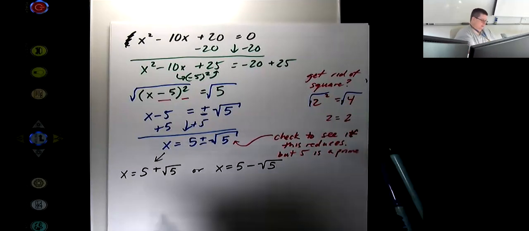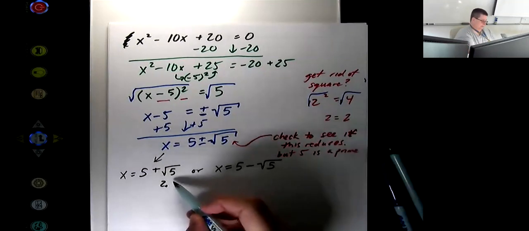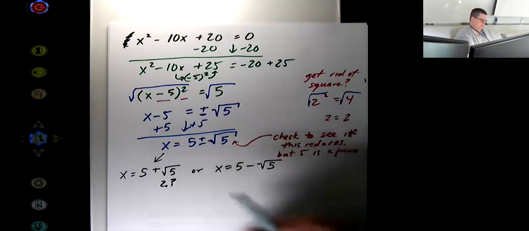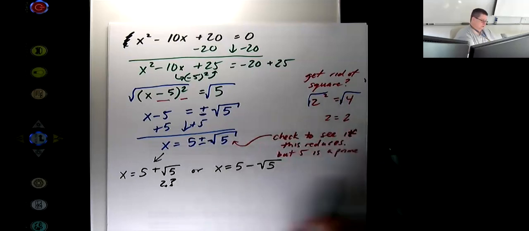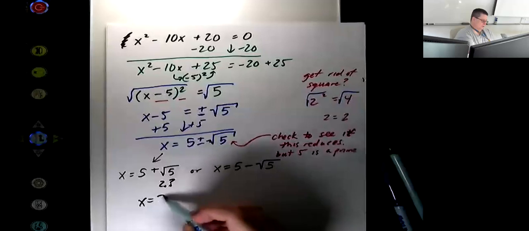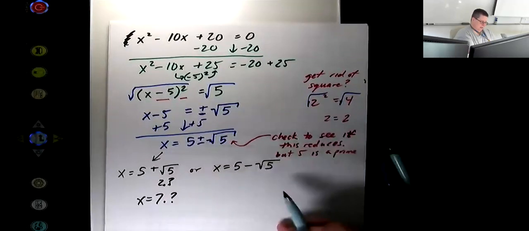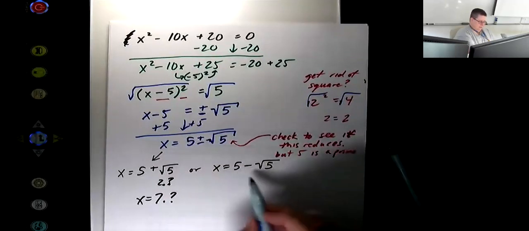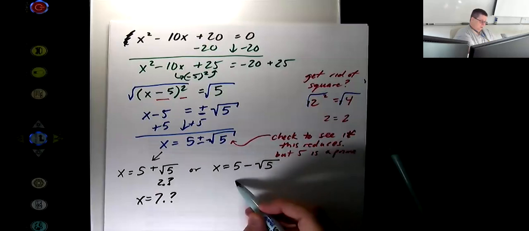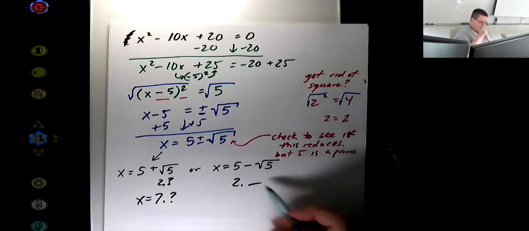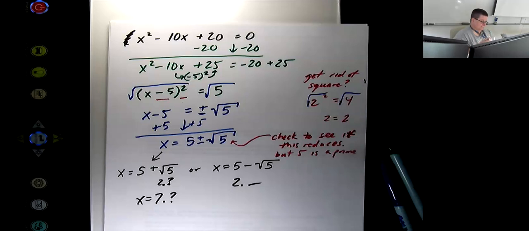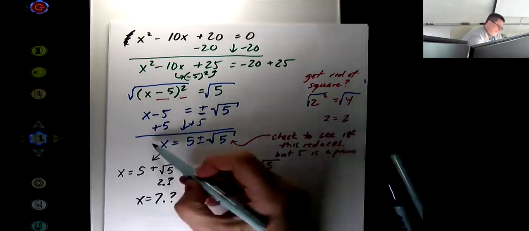This is 2 point something, so this will be x equals 7 point something. And then 5 minus 2 something is gonna be 2 point something here also. But for now, it's perfectly fine to leave it like this.